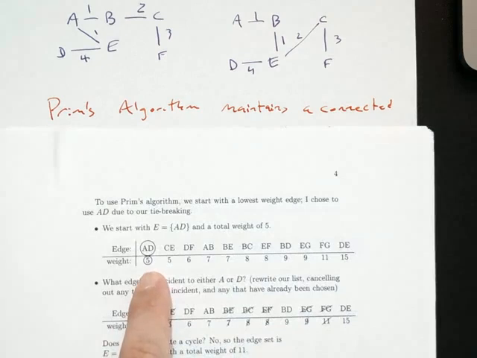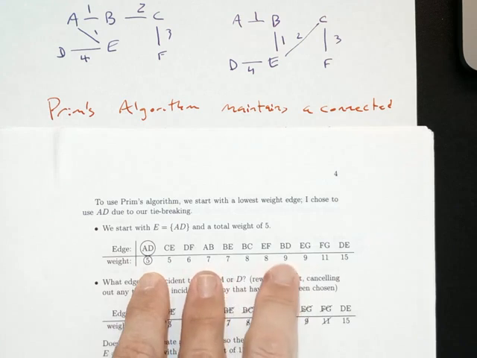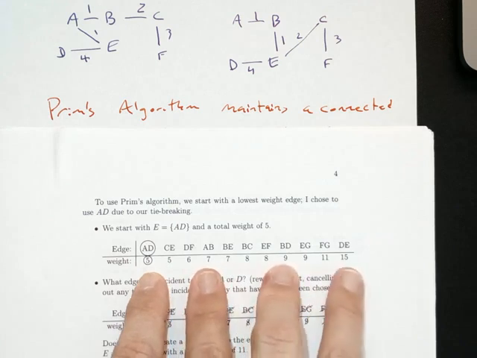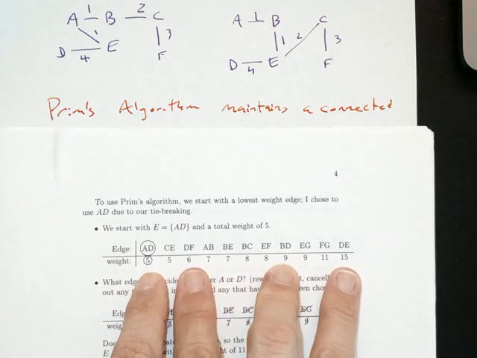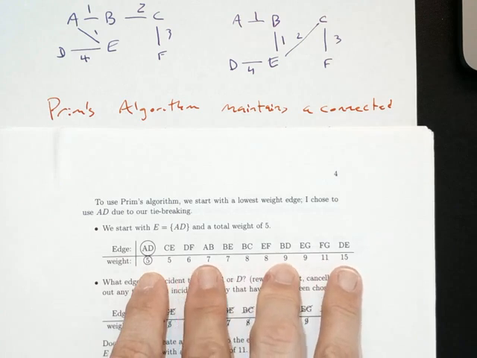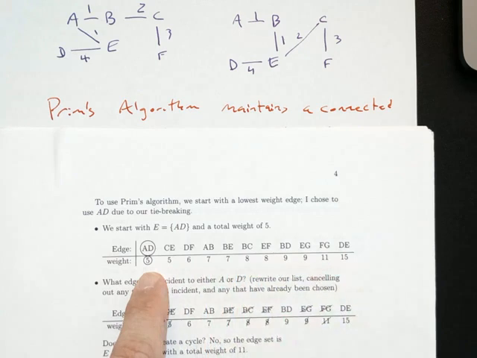Now I can only look at edges that have an A or a D in it. 1, 2, 3, 4. There's a D. So what do I do? I add the one that is furthest to the left.